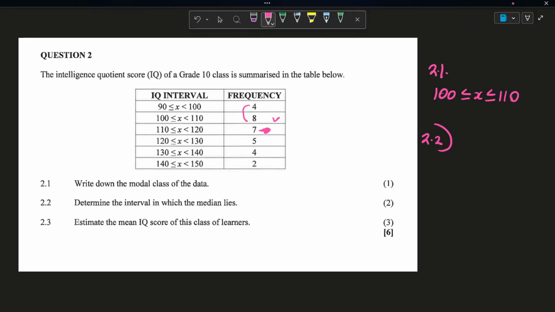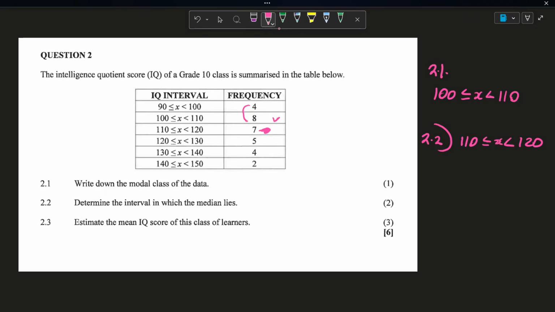So it's 110 less or equal to x less or equal to 120. Oh, okay, I just made a mistake on the previous one. It's not less or equal to, it's less than. Let's rectify that. Yes, that's what we are having.